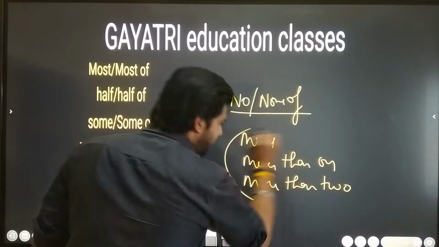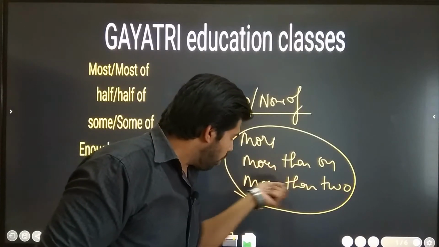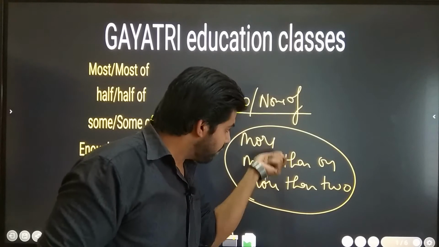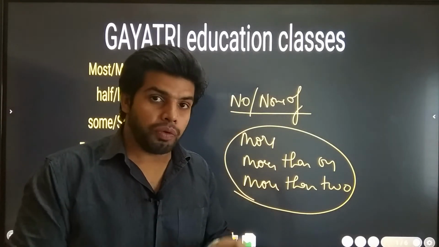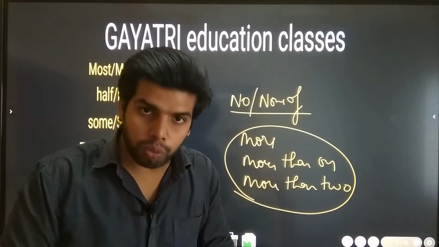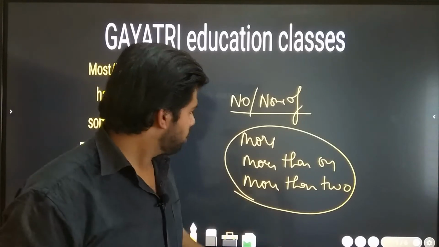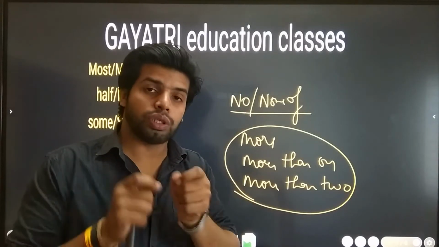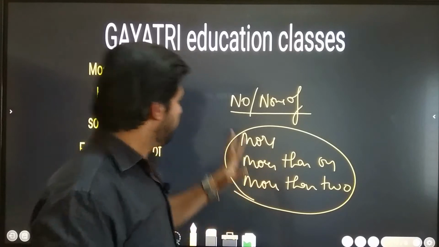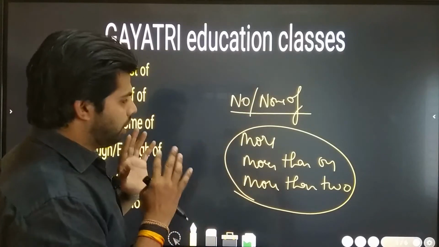If you want to find the differences between them, how to use more than one, how to use more than two, and the basic difference between these three, you have to check out the previous video. We provide the link below in the description, so don't worry about this. We provide all the information related to the previous video. You just have to click the link and watch it. No, none of, more than one, more than two, everything we have discussed in the previous video.